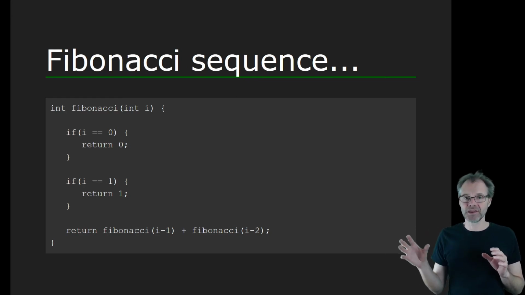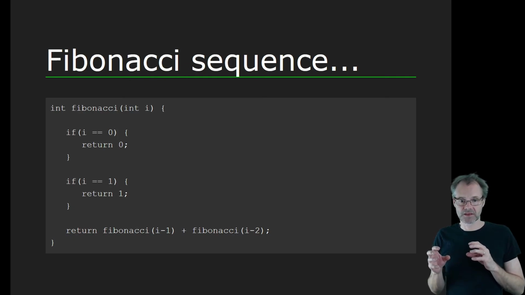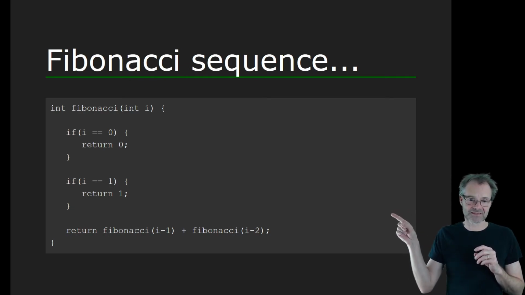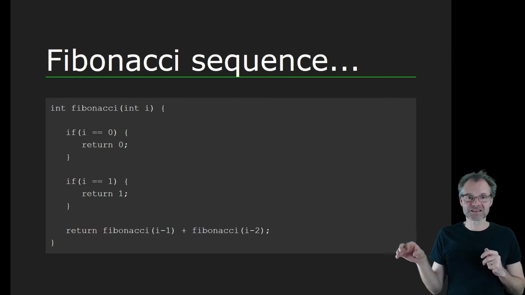But then for all the other numbers, we need to calculate the sum of the two preceding numbers. And that could be a nice way of doing this in a recursive sense.